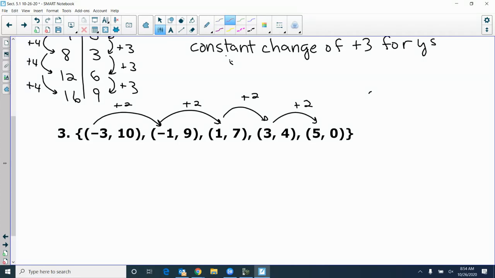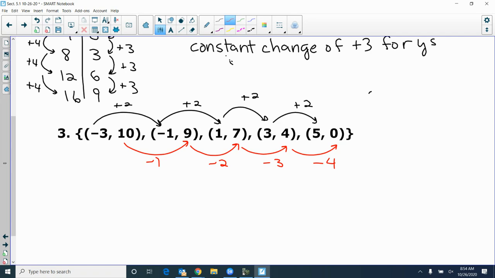But what about the y's? 10 to 9, -1. 9 to 7, -2. 7 to 4 is -3. And 4 to 0 is -4. There is a pattern, but it doesn't matter. It has to be constant, not linear.